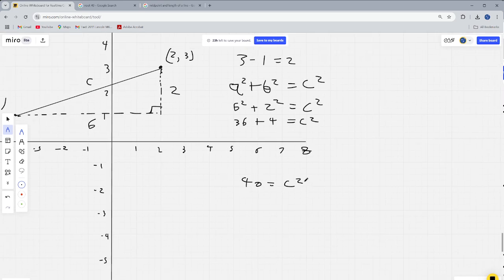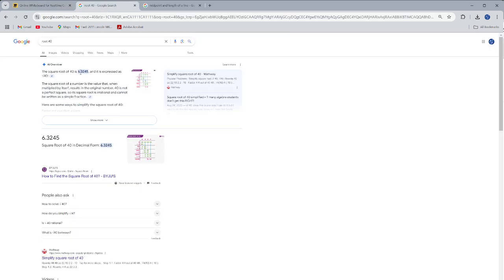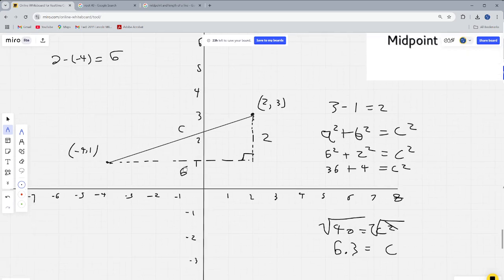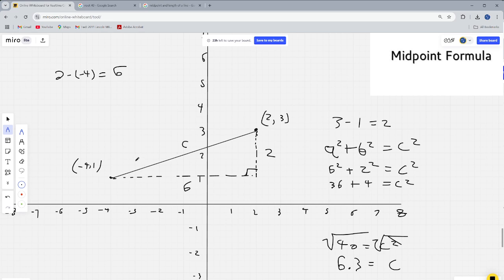To get rid of the squared, we square root both sides, and c is equal to the square root of 40. Punching that into our calculator, we get 6.3. So the length of this line is 6.3.